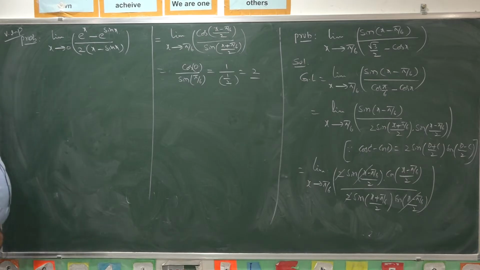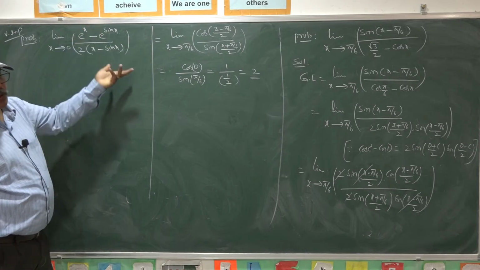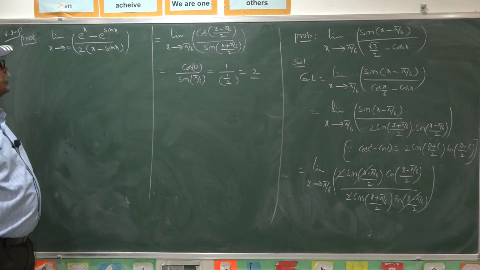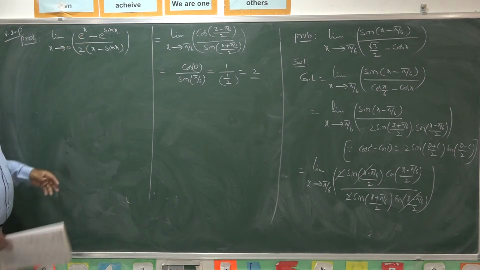The trigonometric function is blended with the exponential functions. E power x and e power sin x come under exponential. So, how to evaluate this limit?